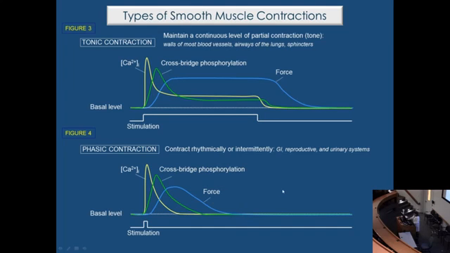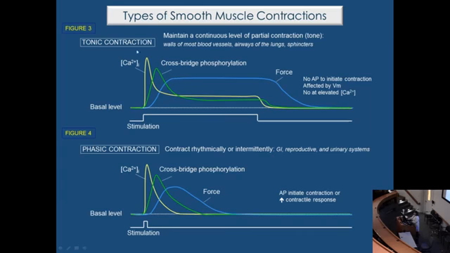And you can see this is quite different, the temporal course between these two types of contractions. And another difference is that this type of contraction is most of the time, if not always, initiated by an action potential. So an action potential would generate the phasic contraction, and if not, the appearance of an action potential will increase the contractile response in the phasic contraction.